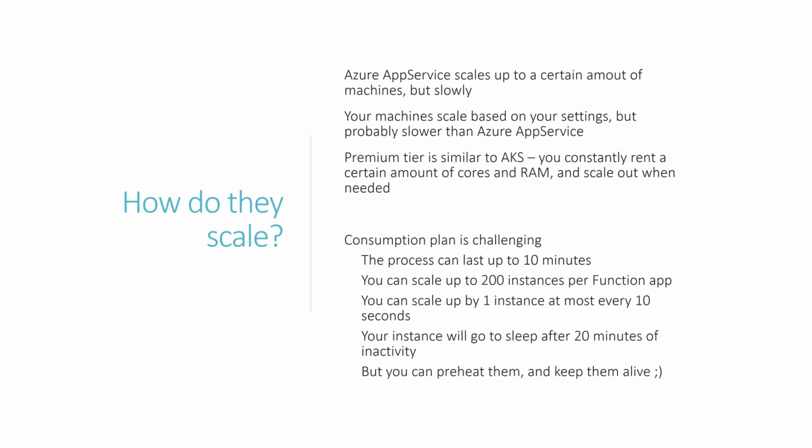And now here come the hacks. You can preheat them and you can keep them alive. How? If you know that the instance is going to sleep after 20 minutes, all you need to do is add some work within less than 20 minutes since the last process. That will keep it alive. If you want to preheat and spin up multiple instances, you can send multiple workloads.